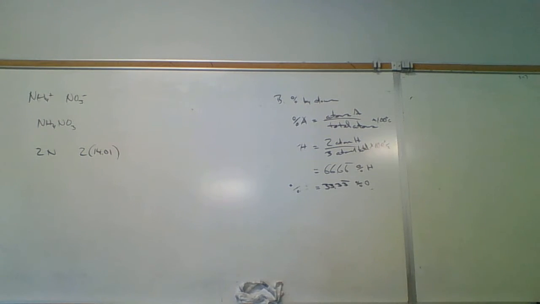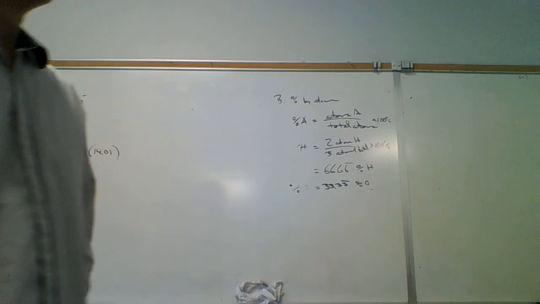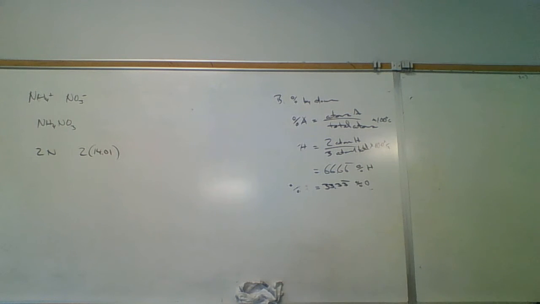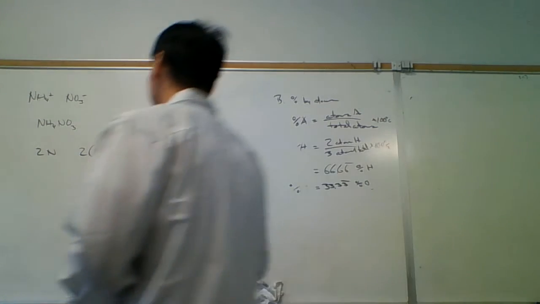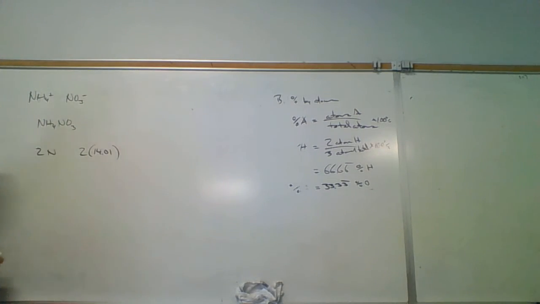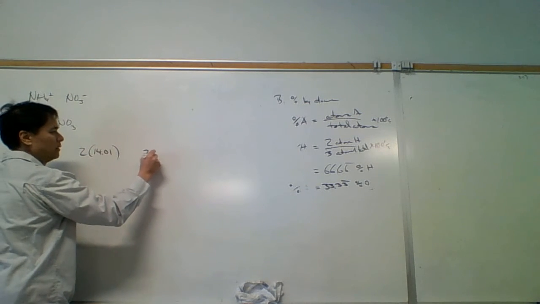But to maximize speed, we're going to round off all the elements to 2 decimal places, which could lead to differences in the masses compared to what you might see in a book or something like that. And so for nitrogen, we'll just call it 14.01. And then 2 of those will give us 28.02.